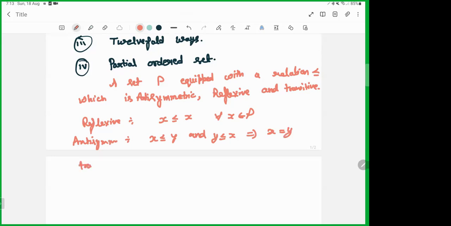Transitive means x less than y and y less than z implies x less than z.